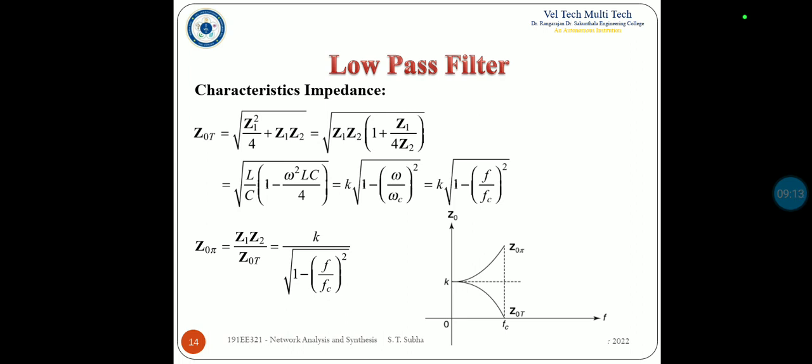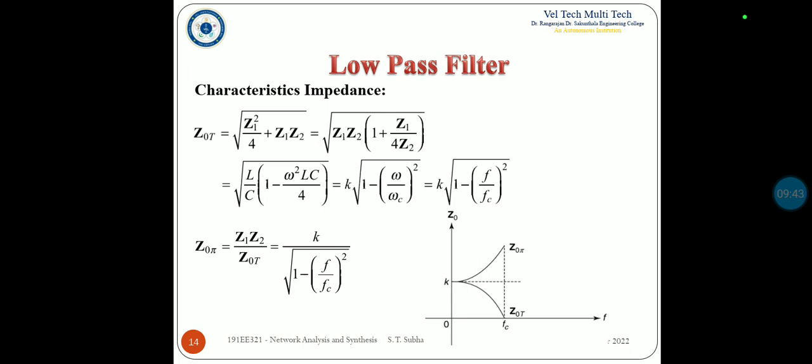Z1 and Z2 are series impedances and parallel impedances. By substituting Z1 as j omega L and Z2 as 1 by j omega C, we can obtain Z0T as k into square root of 1 minus f by fc whole square.